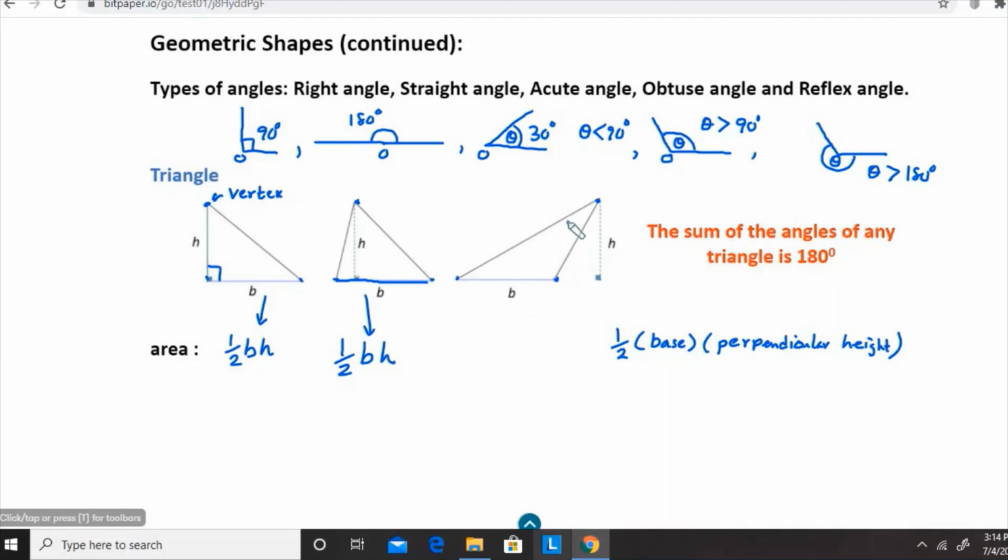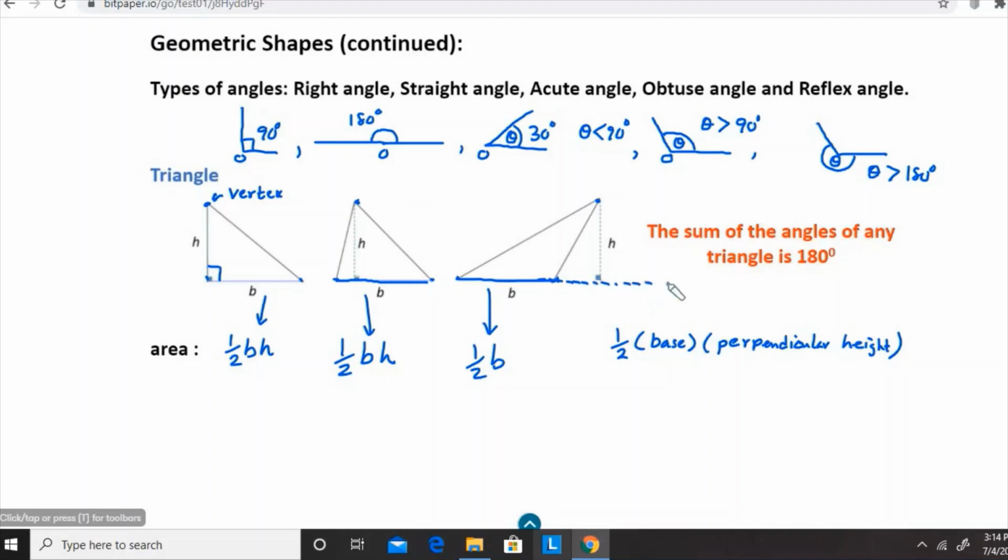If you have a triangle like this, you can still identify the base. So you have 1/2 b, and the height, the vertical height. How do you find the perpendicular height?